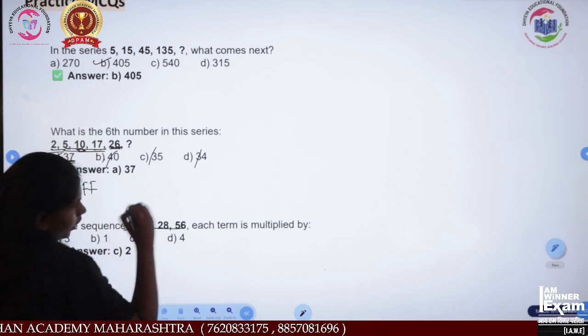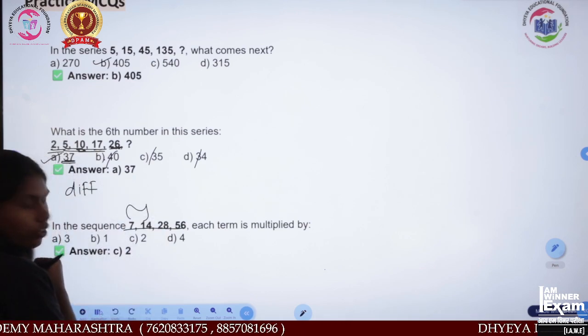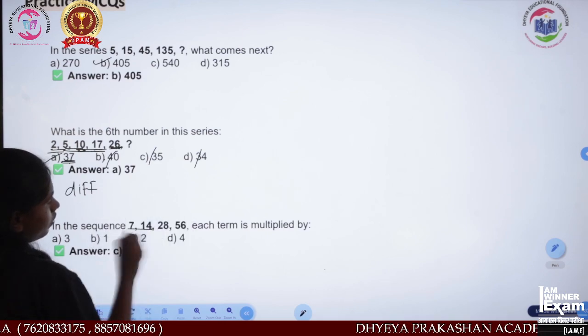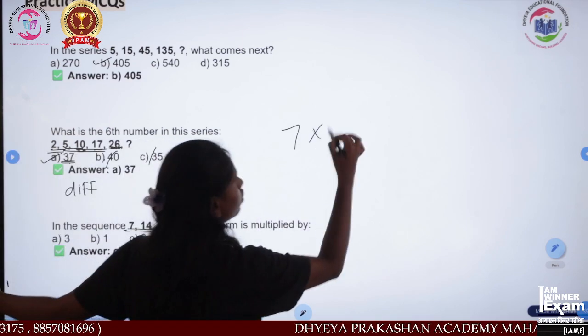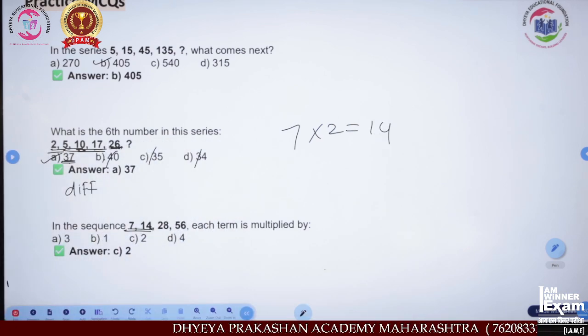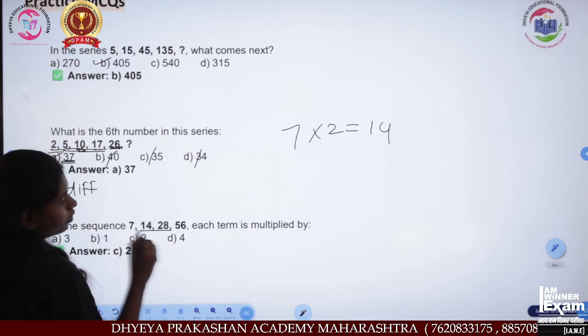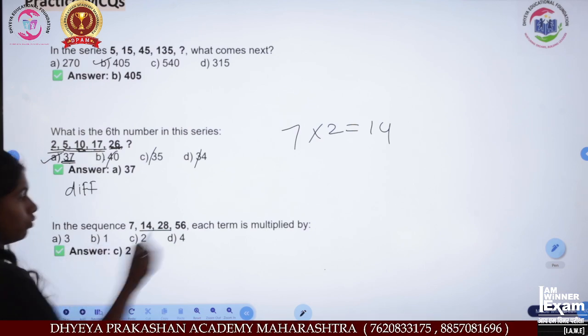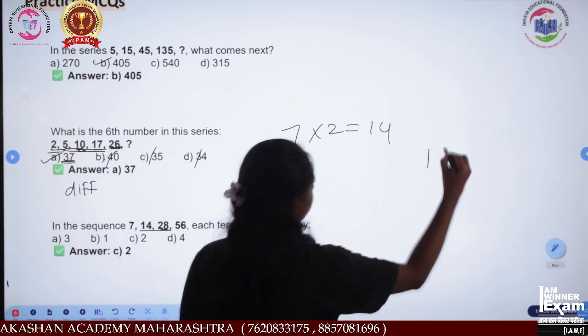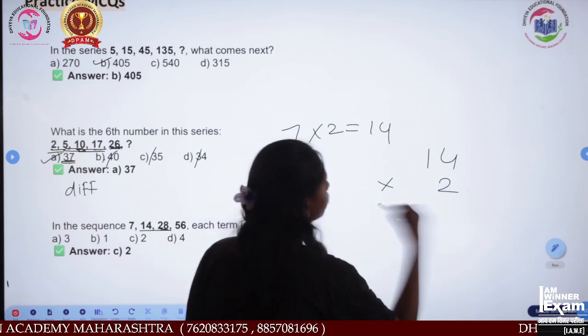If you look at 7 and 14, 7 2s are 14, right? Let's check if we multiply 14 by 2, we will get 28 or not.